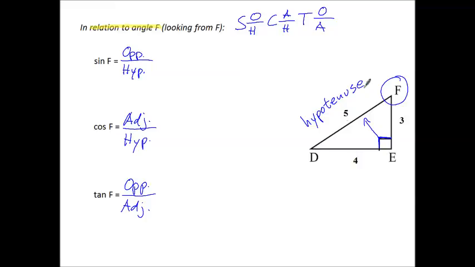But this time, if we look at the side which is opposite of angle F and doesn't touch it, that's actually down here, the side DE. And then our adjacent side will be the one that touches angle F right here on the side. This is our adjacent side.